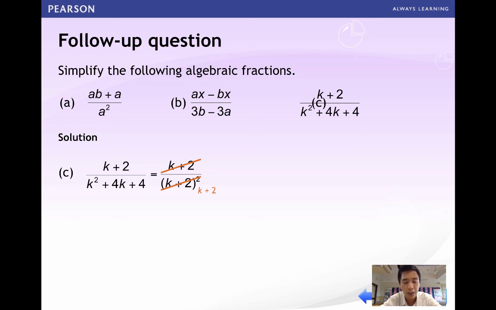So originally, the denominator is k plus 2 times k plus 2. When we cancel out one of them, we still have k plus 2 at the denominator. And for the numerator, you still get 1. So when we cancel out the common factor, we get 1 over k plus 2.